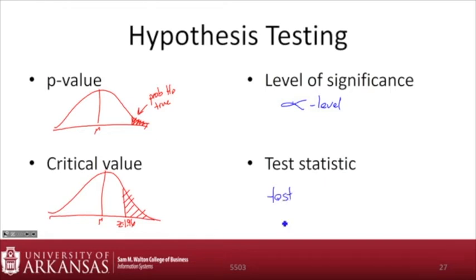As we go forth and do stuff for the rest of the semester, we are going to basically be looking at some sample statistic. We're going to subtract either a population value or another sample statistic. And we're going to divide it by some type of standard error.